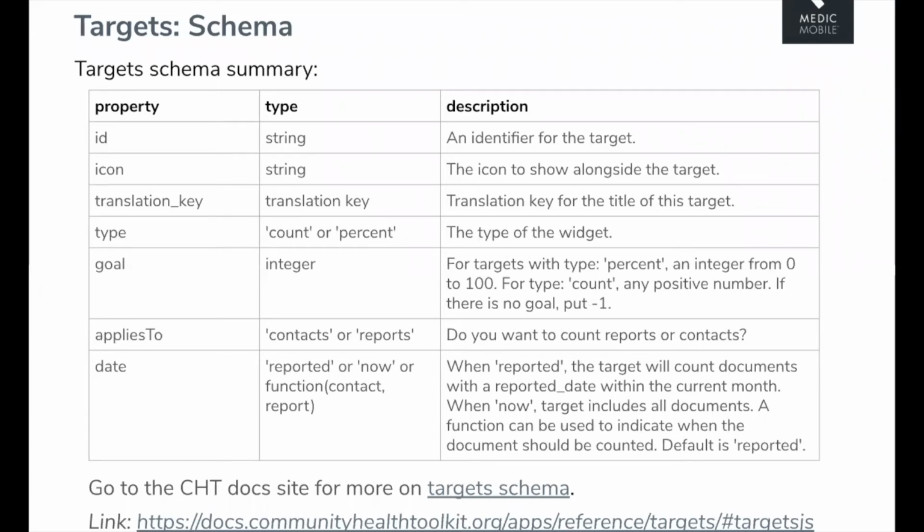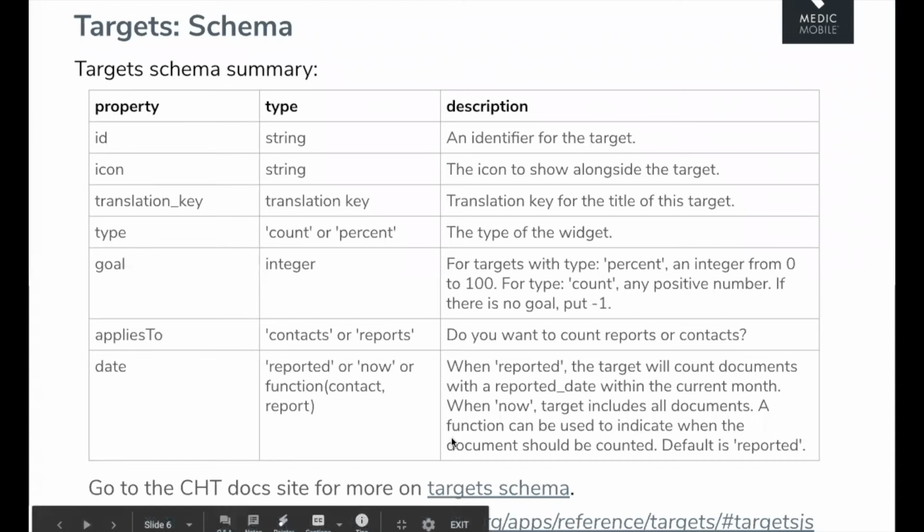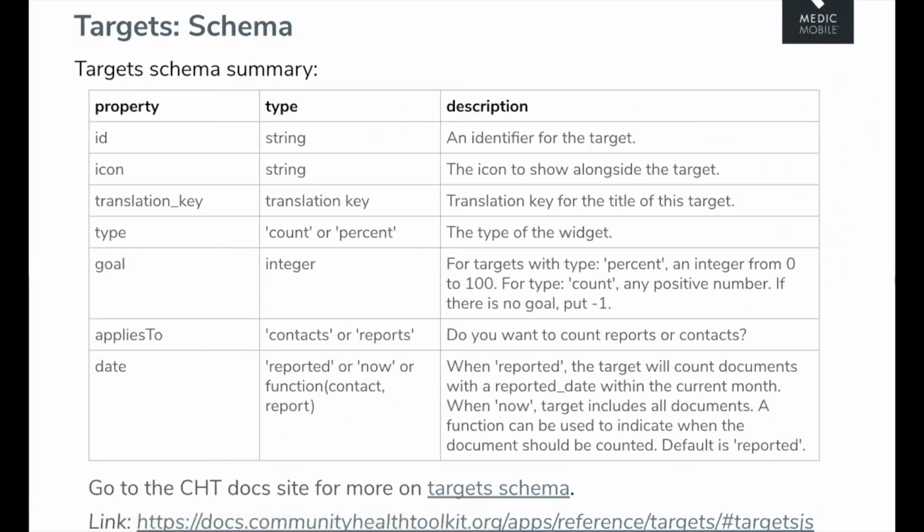When you set it to now, it will include everything. So from the time the user began reporting, all that information will be included. Or you could set a function that could be used to indicate when the document should be counted. But the default here, if you don't set this property, the default will be reported, and it will only count within the current month.